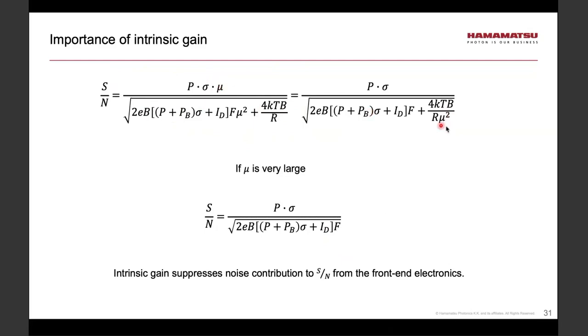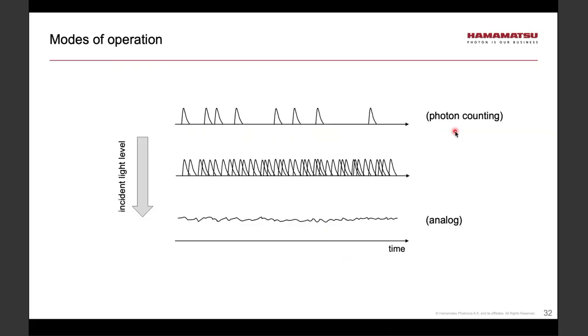If the gain is very large, this term here can be made negligible. But this term represents the noise of the front-end electronics, which in this equation would be a resistor, but in some sense it doesn't matter. And so the intrinsic gain suppresses the noise of the front-end electronics, ultimately improving the overall detection signal to noise ratio.